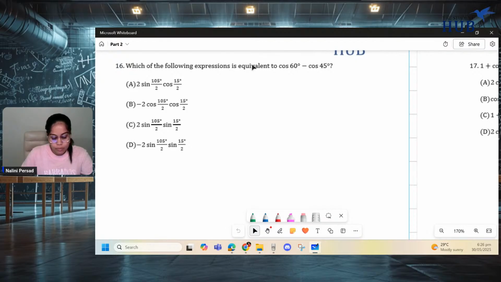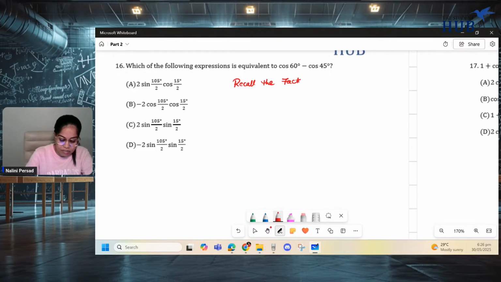Which of the following expressions is equivalent to this? What formula comes to mind when you see this and when you see the answer choices? The formula that you want to use for this question is the factor formulae, and this formula is in your formula sheet.